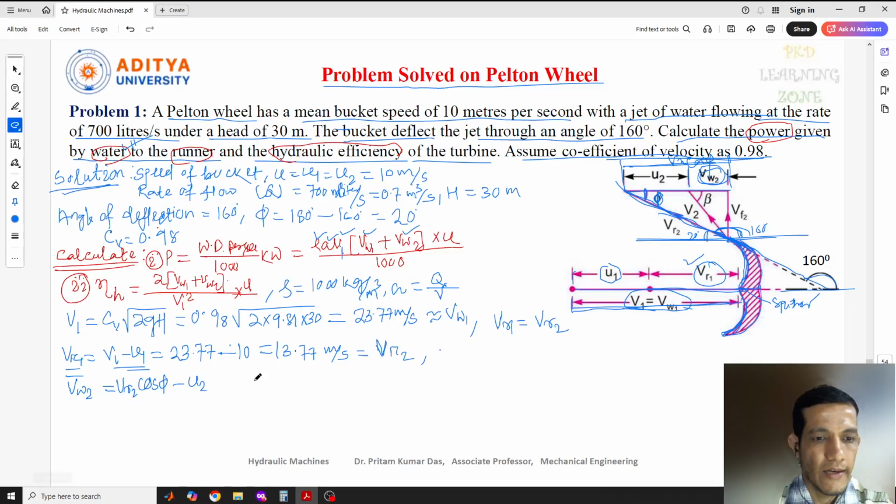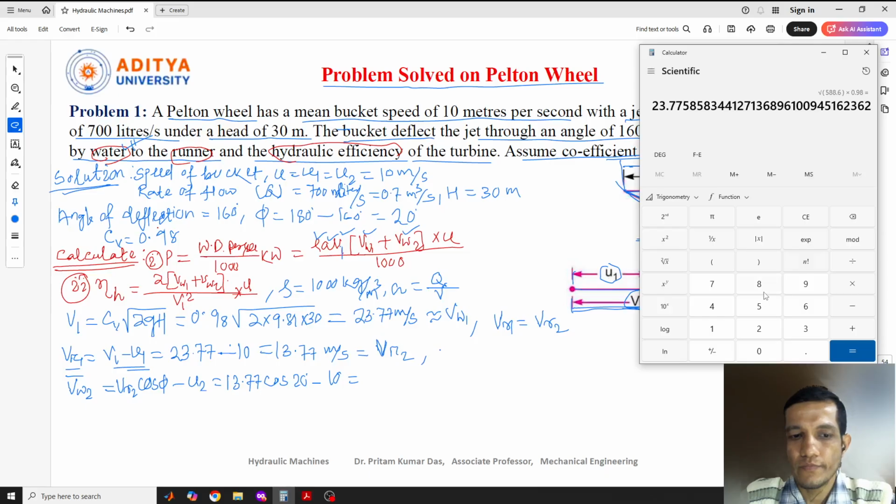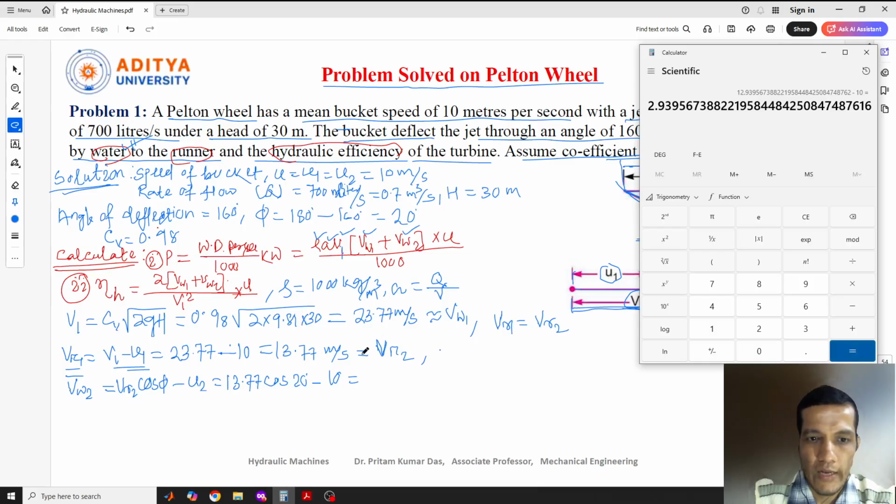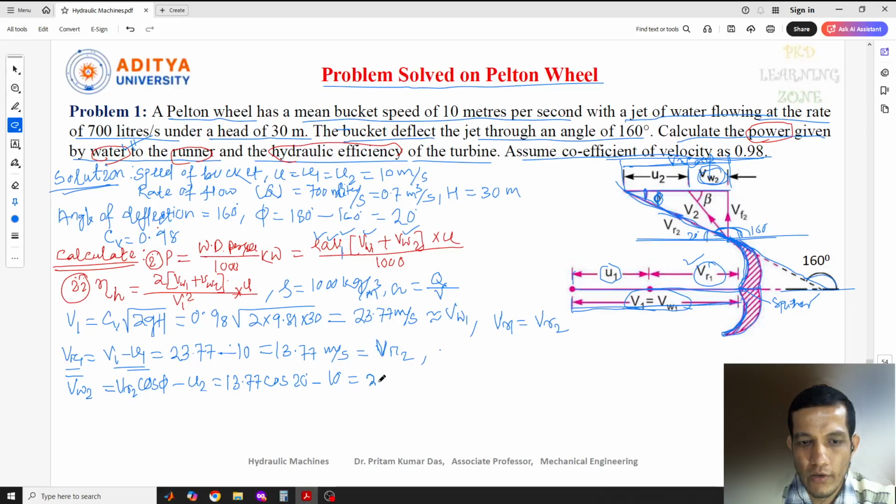VR2 is 13.77 into cos 20 degrees, minus U2. U2 is nothing but 10. So cos 20 into 13.77 minus 10 gives 2.93 or 2.94. So we got 2.94 meter per second.